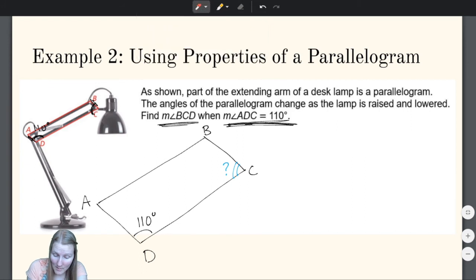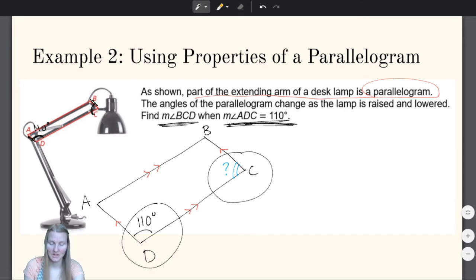Well, remember that we are told that this part of this extending arm is a parallelogram. So we can draw some red arrows on here. And, hey, we know that consecutive angles in parallelograms are supplementary. So, 110 and whatever measure of angle BCD is must equal 180 degrees.